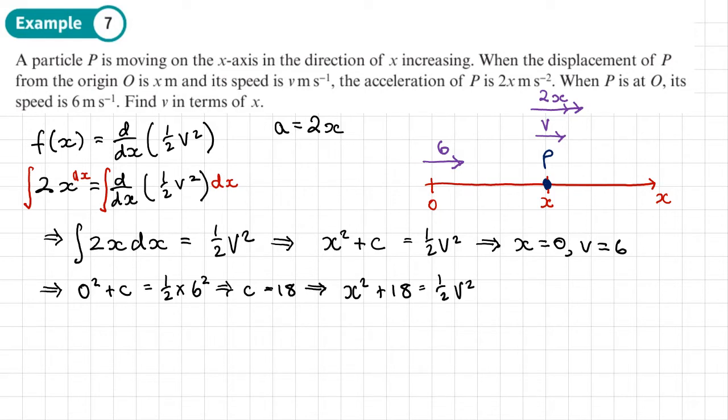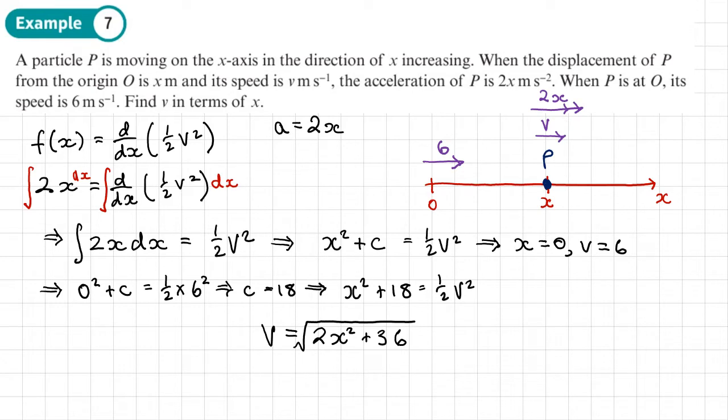Now we just need to rearrange it because it says find v in terms of x. So we want to write v equals, so we're going to times both sides by 2, so we get 2x squared plus 36, and then square root it.